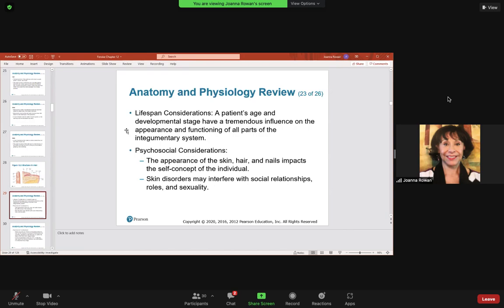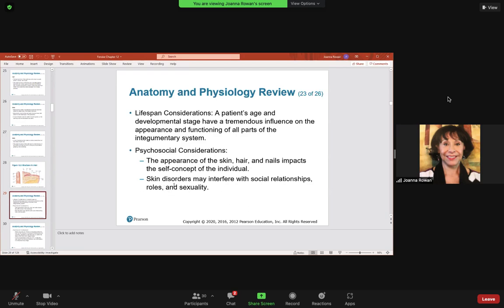Of course, let's say that once upon a time they had beautiful, full hair, and now they don't have it because of either disease or inheritance. For some people that is no big deal, but for others it might impact their self-concept, their self-image. Skin disorders may also interfere with social relationships, roles, and sexuality.